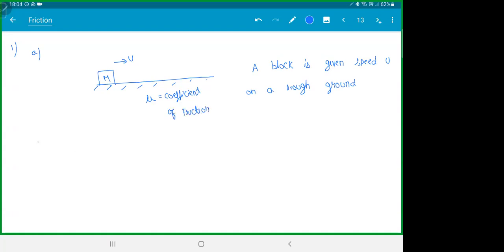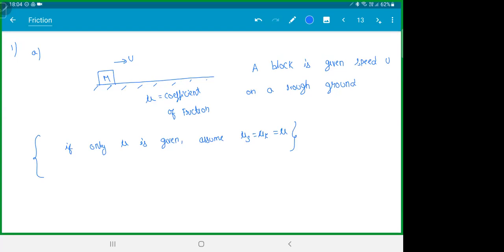Now, one thing here: if only mu is given, generally in the problems, sometimes they don't give mu s and mu k. Assume mu s is equal to mu k is equal to mu. If that is not the case, they'll mention specifically, mu s is 0.3, mu k is 0.1.